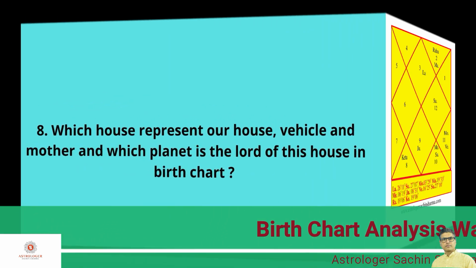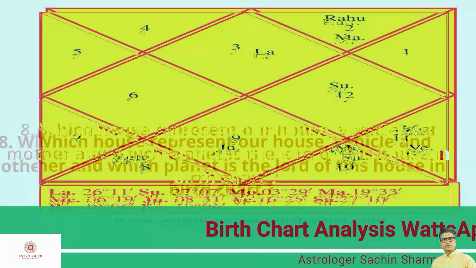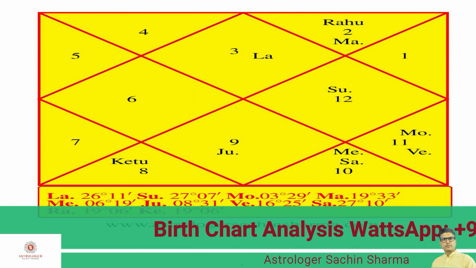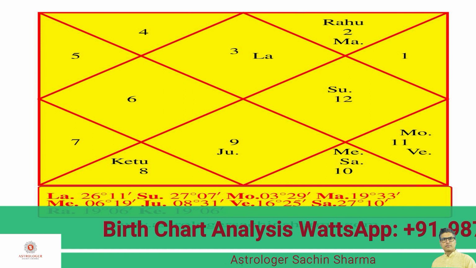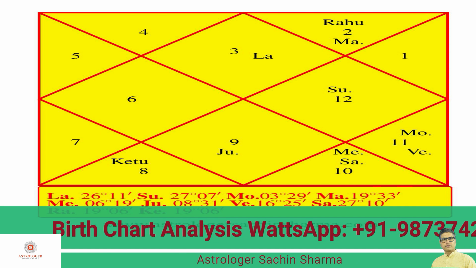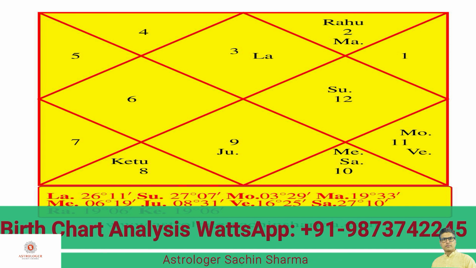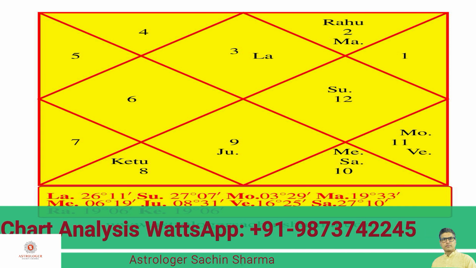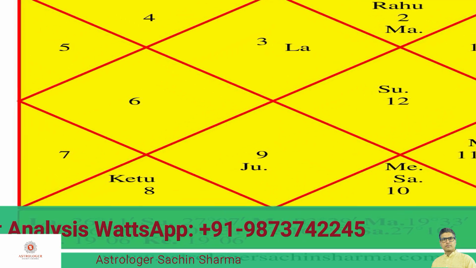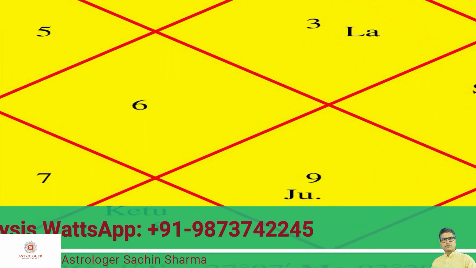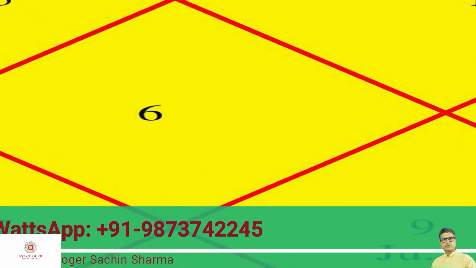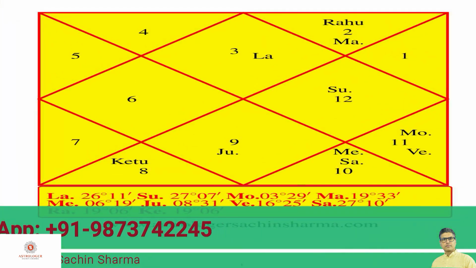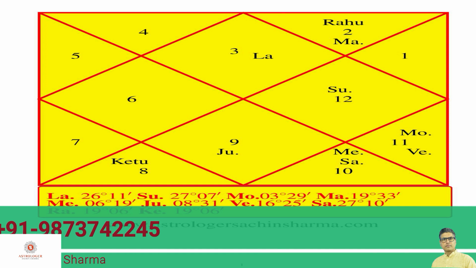Next question. Which house represents our house, vehicle and mother, and which planet is the lord of this house in this birth chart? As we know, the 4th house represents our house, our vehicle, our mother.